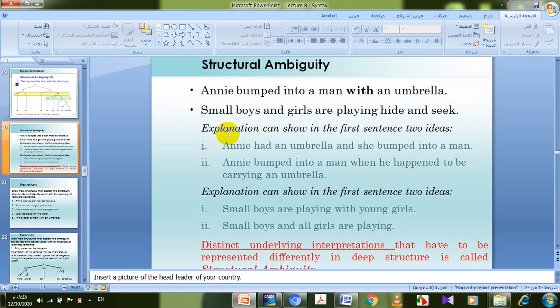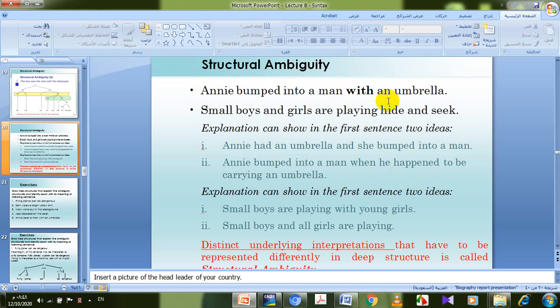Okay, how? Explanation. The first sentence can show two ideas. Annie had an umbrella and she bumped into a man. Annie bumped into a man with an umbrella. With means she was having, she was holding. Annie had an umbrella and she met a man. Or, Annie bumped into a man who happened to be carrying an umbrella.